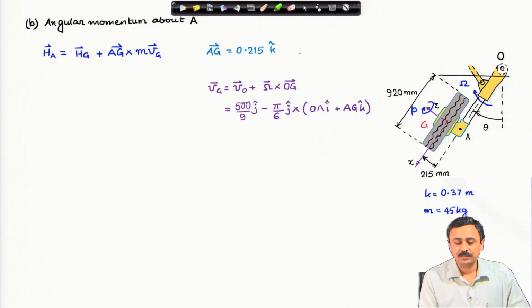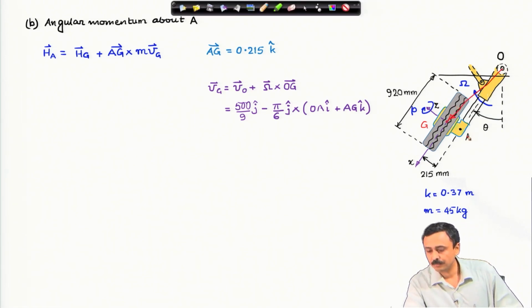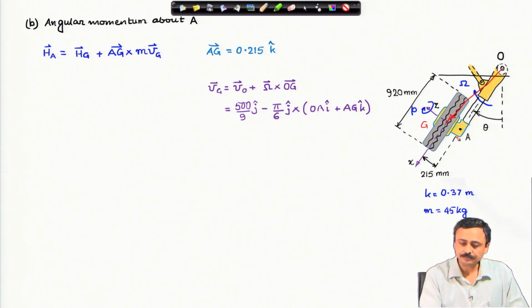Therefore, I represent these things as vectors. 500 by 9 meters per second is the velocity of the aircraft, j cap, because it is coming out, and omega vector is minus pi by 6 j cap, cross O g vector, and O g vector is O A vector plus A G vector.